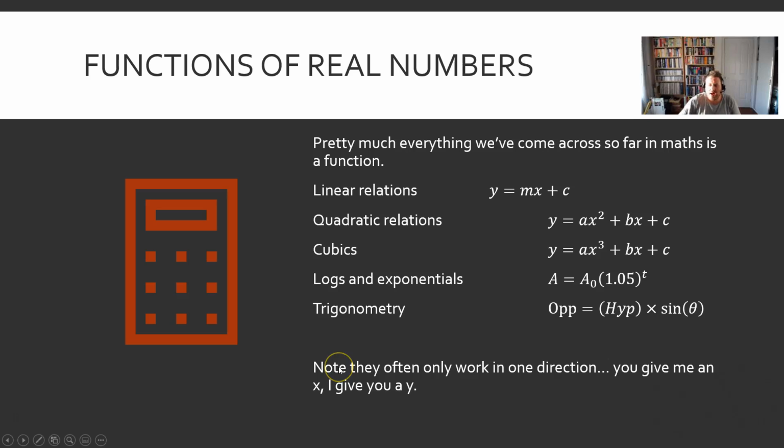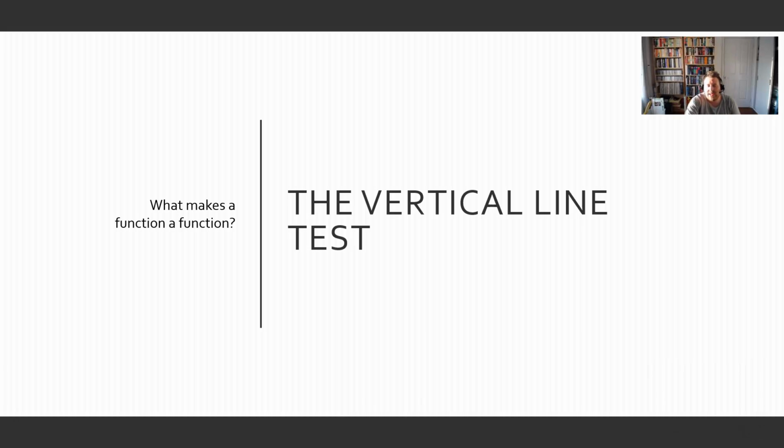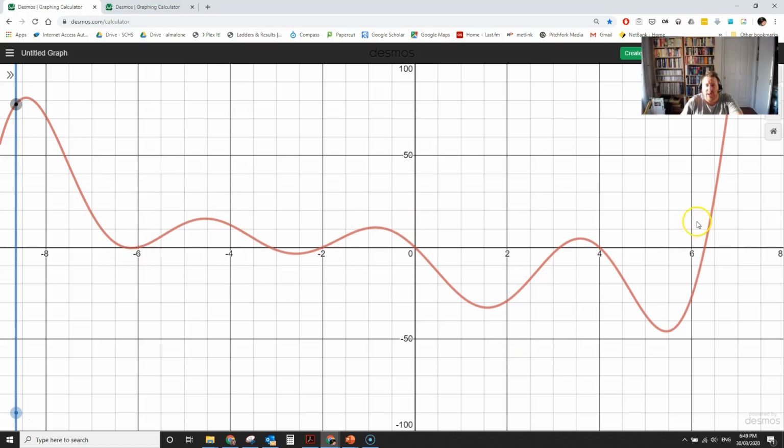Okay. We summarize what makes something a function using a thing called a vertical line test. And a vertical line test is just what it sounds like. So here's an example of a type of relationship between two sets of numbers. Here are my x values, and they're getting mapped onto some y values here. And this red line represents all the ordered pairs, all the possible combinations of numbers which satisfy some equation that it's defined by.